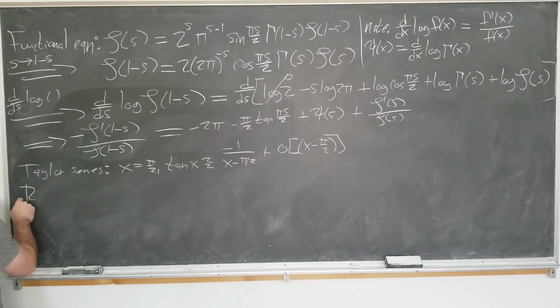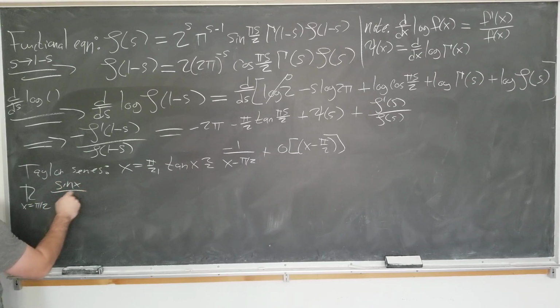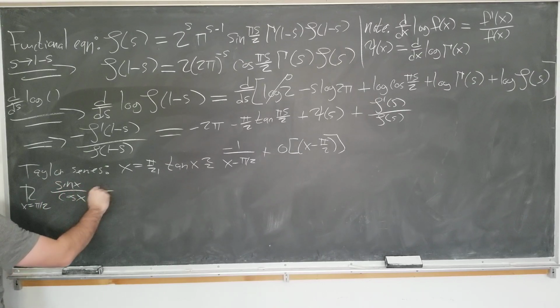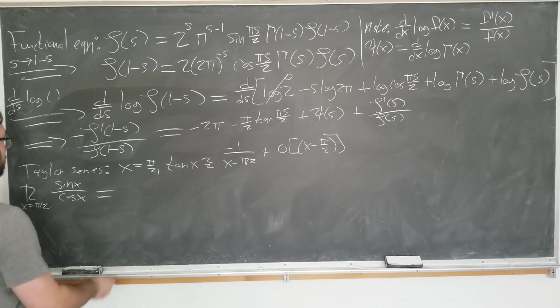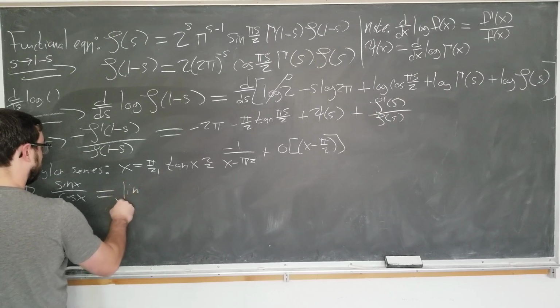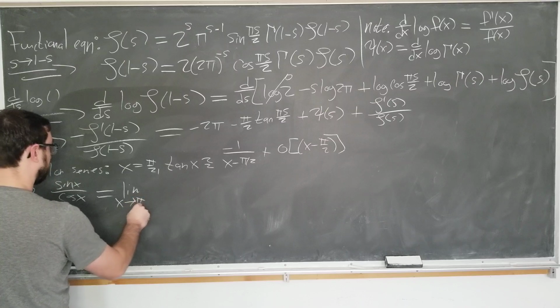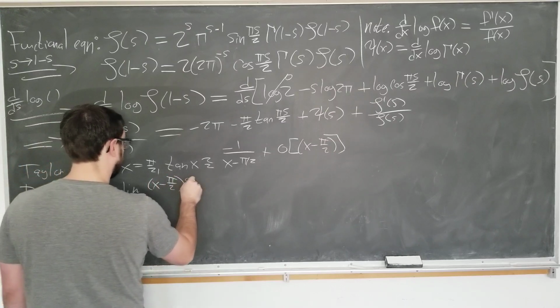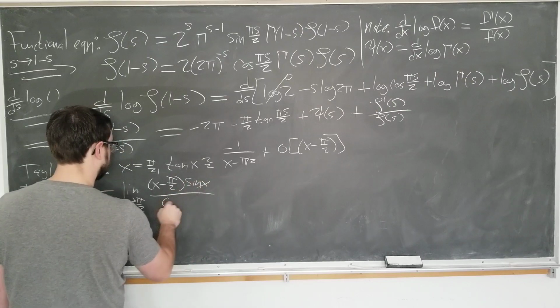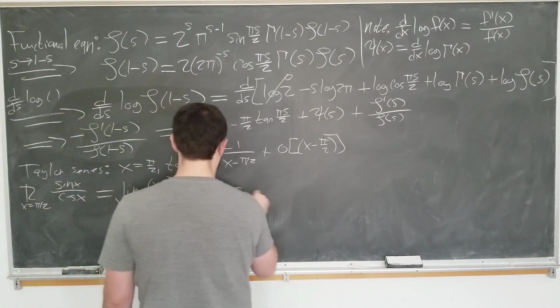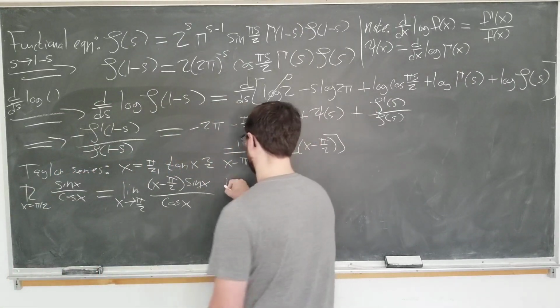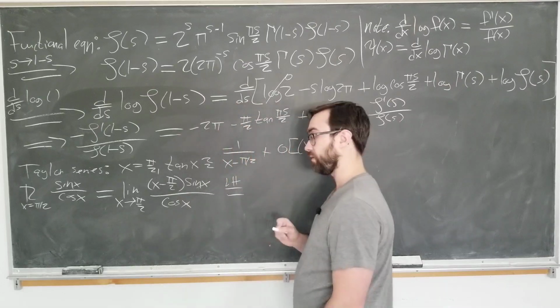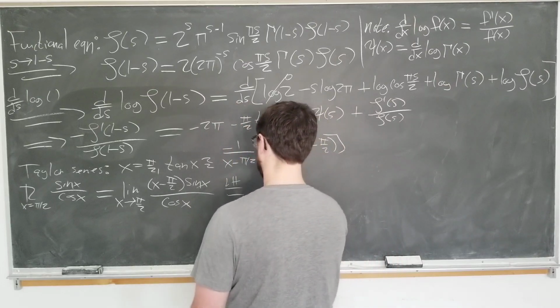The limit as x goes to pi over 2 of sine of x over cosine of x is equal to the limit as x goes to pi over 2 of (x minus pi over 2) times sine x over cosine x, which is, using L'Hopital's rule, the fundamental trick to use in this situation.